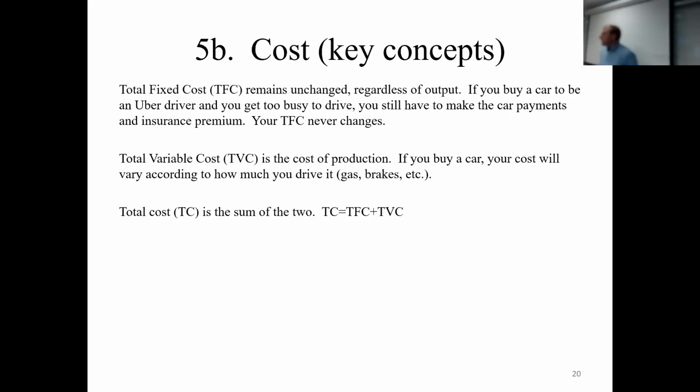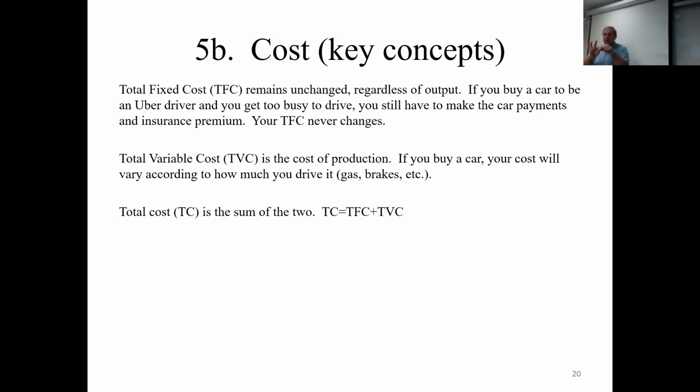Total variable cost is the cost of production. Variable, why? Because it varies. You buy your car, ignore the fixed cost. If you drive 100 miles a day, your cost of business is going to be higher than if you drive 10 miles a day. The more you drive, the more gas you're going to need, the more wear and tear, but that's the variable cost.